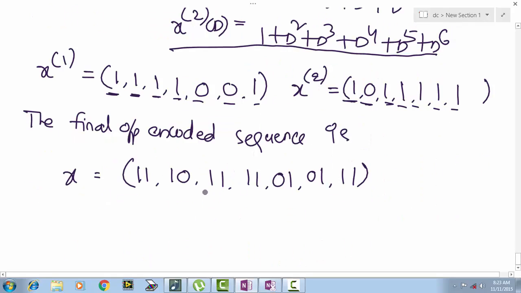So if you check this answer, this is the same as what we got in the time domain approach. Okay, right? So in this way we can perform the encoding process of the given convolutional encoder using the transform domain approach.